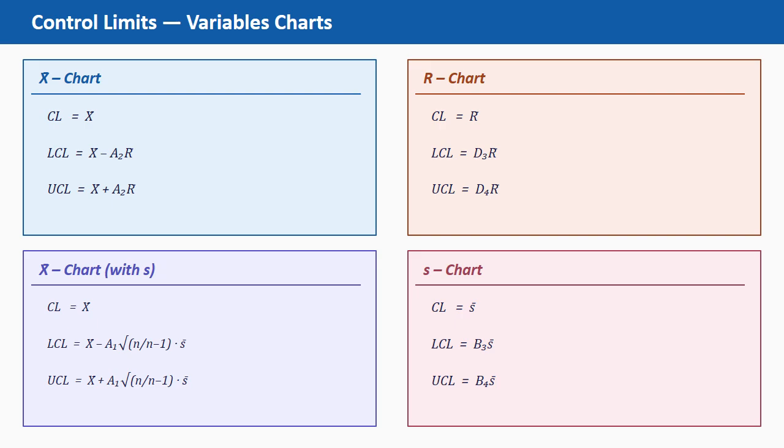For the S chart, the central line is the average standard deviation and the limits are calculated using the constants B3 and B4. So the key idea is that these limits are based on statistical principles, typically using three standard deviations from the mean. So if any data point falls outside these limits, it indicates that the process is out of control and requires investigation. Now let us move on to the attribute charts.